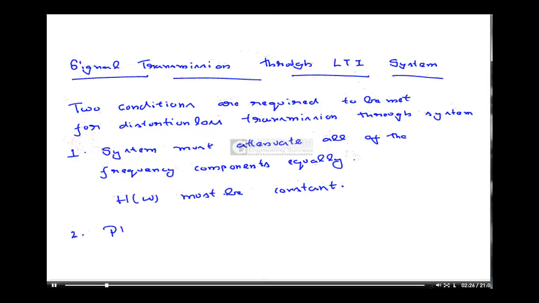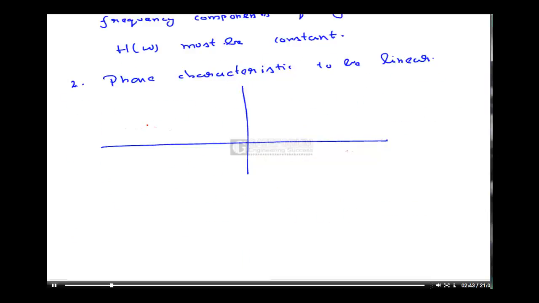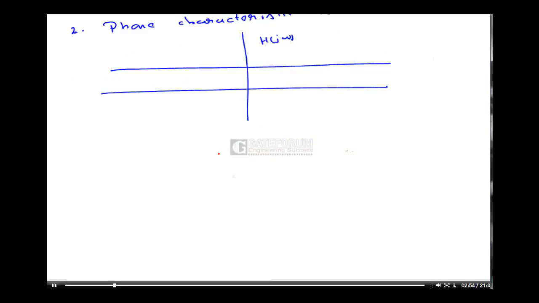Second one is the phase characteristic to be linear. That means this is the H of omega, and this particular phase, theta of omega, is equal to minus omega k.